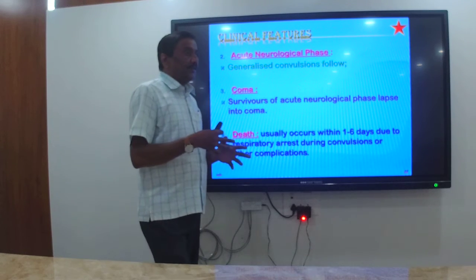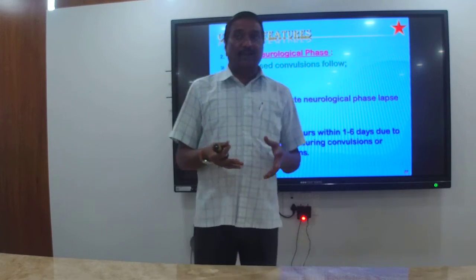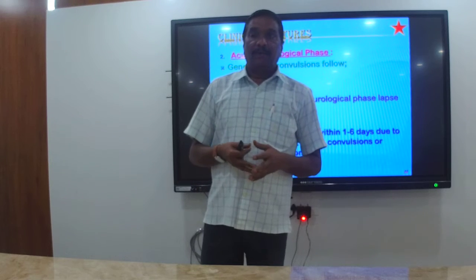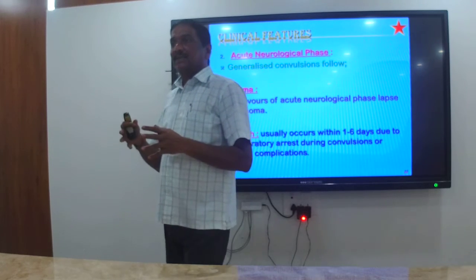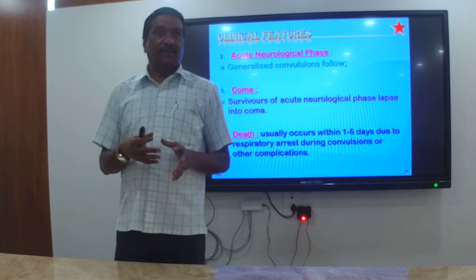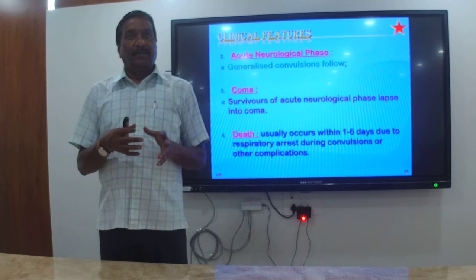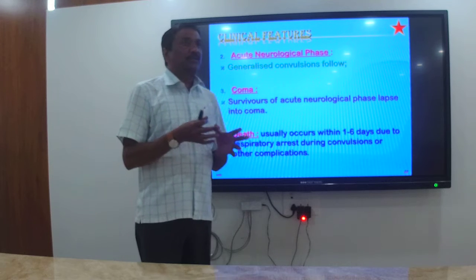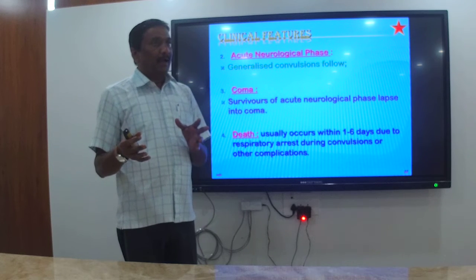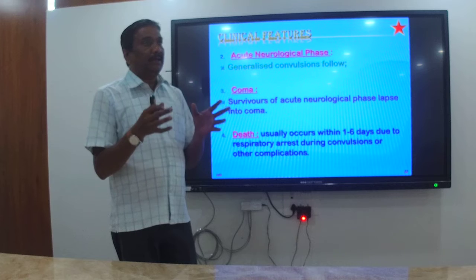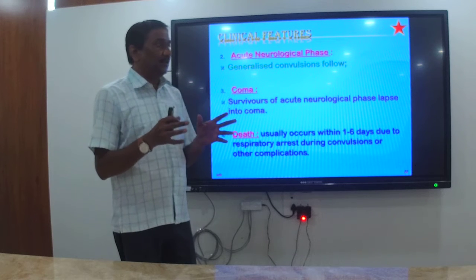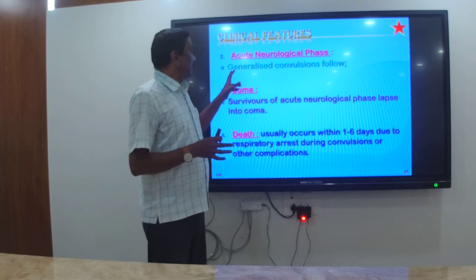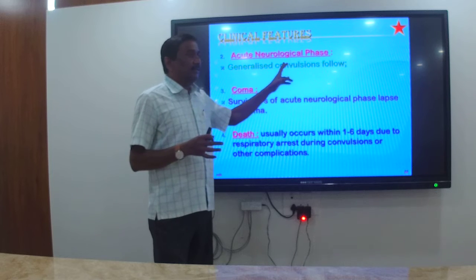Now, these are the common features seen during the acute phase of encephalitis, which indicates intense inflammation of the encephalon and the brain, which alters the normal function of the brain, giving rise to madness. And ultimately, when the brain is completely losing its capacity for normal function, the patient starts developing generalized convulsions.